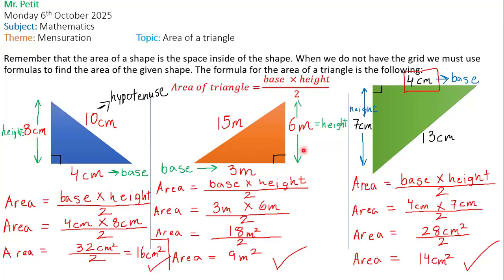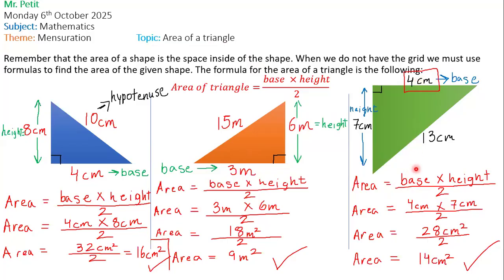Say it again. Base times height. Okay, you want me to review this part? Yes, sir. Okay, no problem.